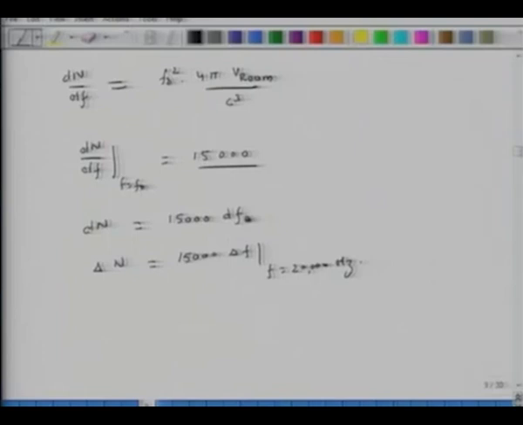If I increase my frequency by 1%, then the extra number of nodes which I get is about 3 million. You can use this relation to compute. So at higher frequency, it's very sensitive to changes in frequency. The number of nodes changes very rapidly.